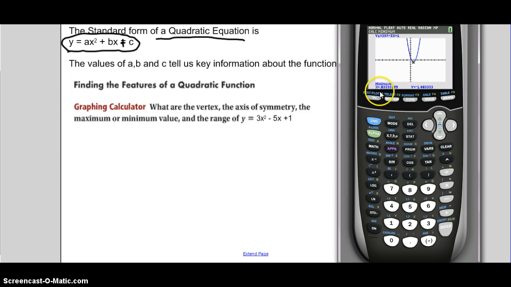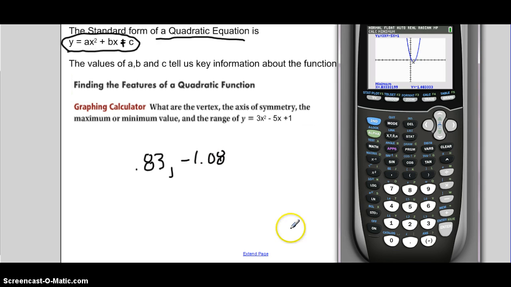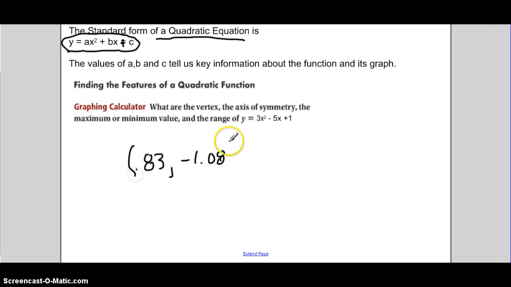So you would probably want to round to 2 decimal places, 0.83, comma negative 1.08. Yes, it is. Okay. So that would be our vertex.